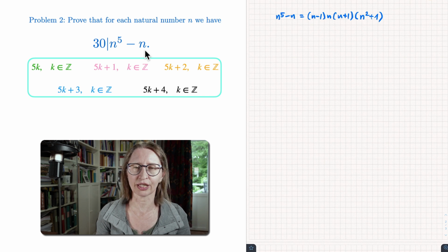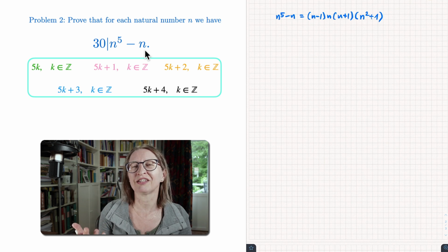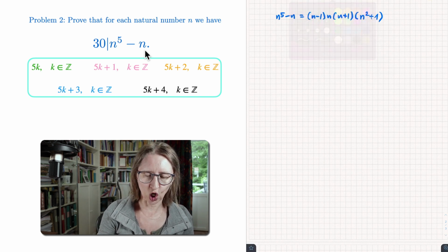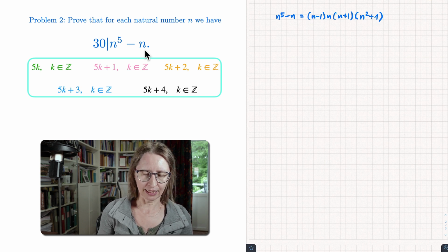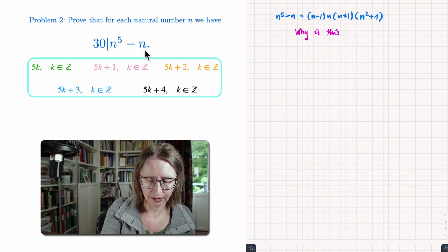So I start from here now. And now I already know that this number is divisible by 6, so I don't have to bother about it. But I have to show that this number is divisible by 5. Why is this here divisible by 5?